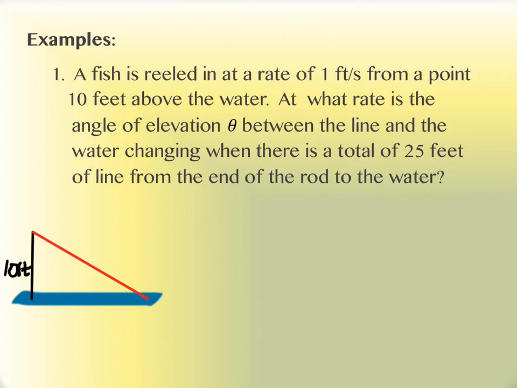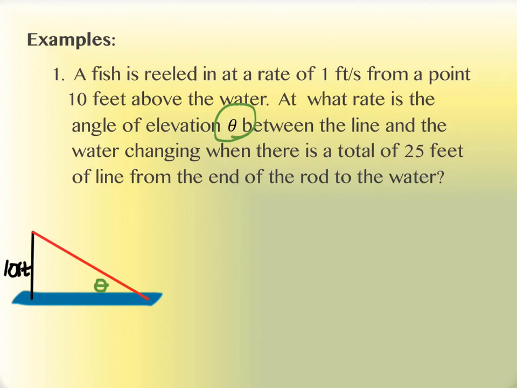Now notice as we pull the fish in, the fish doesn't go up this line, right? That's not what happens practically speaking. What happens is that this line actually moves in closer to the vertical line that we've got. So the angle is going to be changing, and this is the angle of elevation. That's something you should have learned in trig.